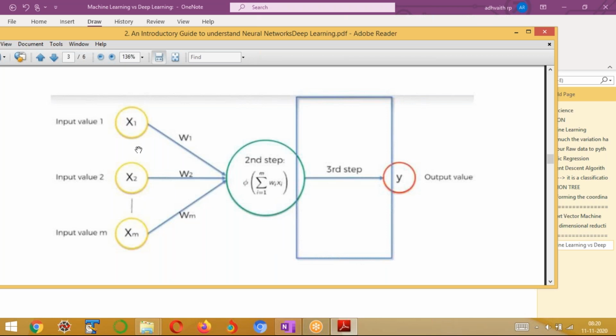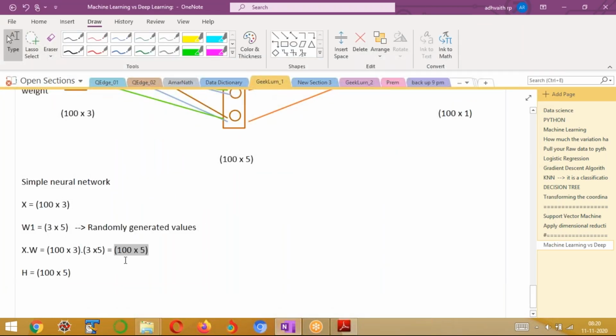Your x1, x2, x3. Understanding? Now here, what is my result? 100 by 5, which comes from the XW. On top of it, I will apply any function which is available in our deep learning library.